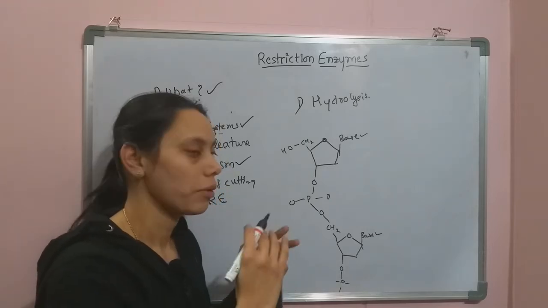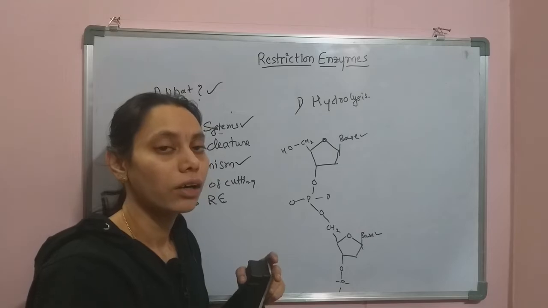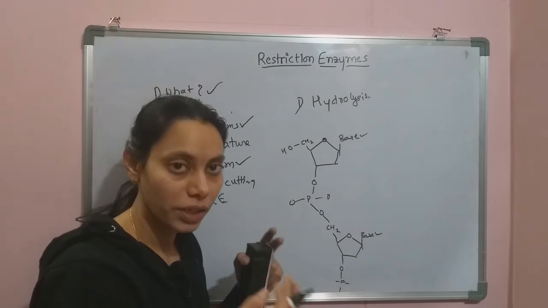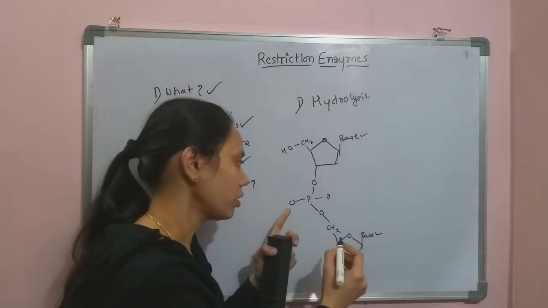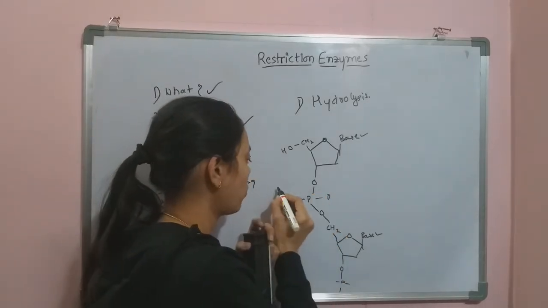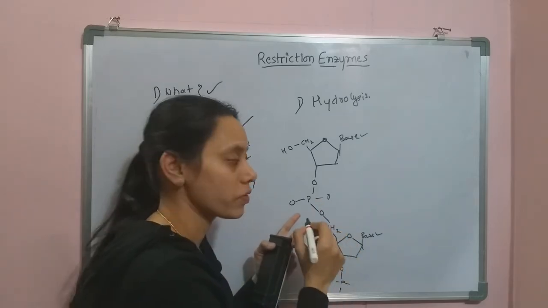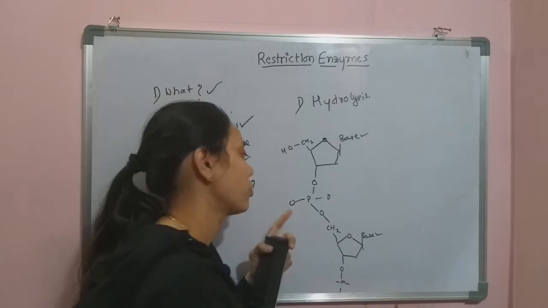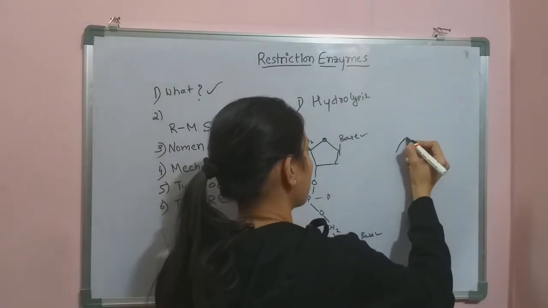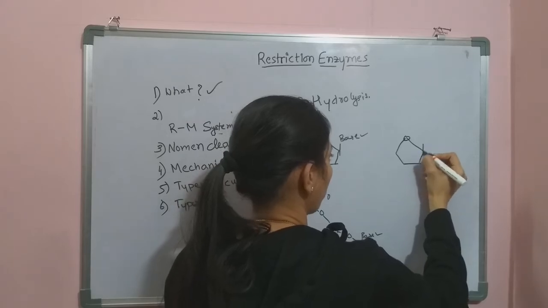So they'll go and bind to form an intermediate or they may not form an intermediate product and directly cut the DNA. So here this water molecule is donated to the phosphodiester bond. So this is phosphoryl transfer to the water, we can say. So here this will be cut into two fragments.